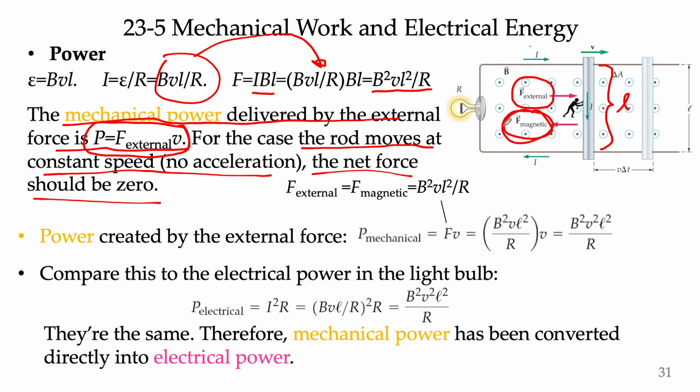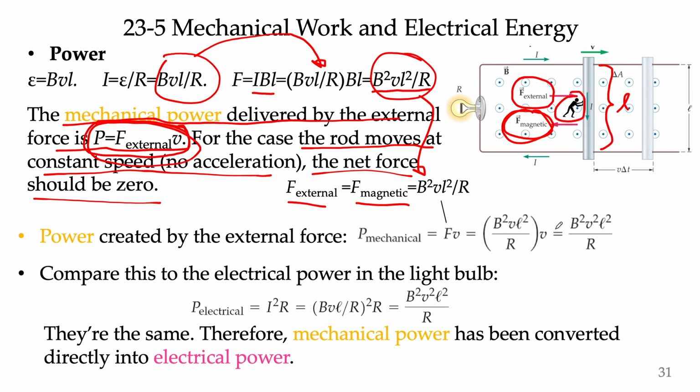So from this information, I can find the external force: it is equal to the magnetic force, which I already calculated as B squared V L squared divided by R.